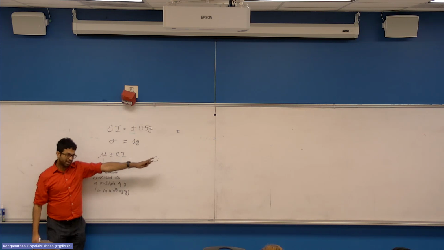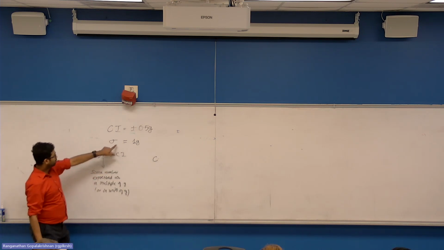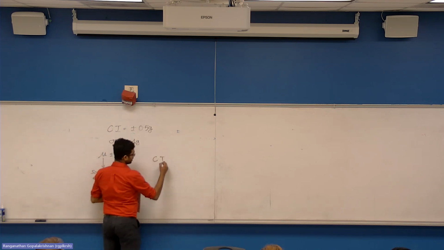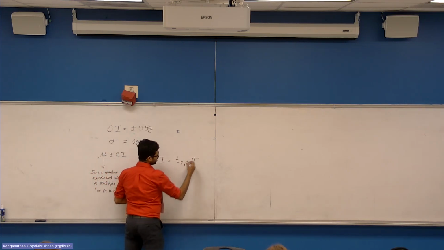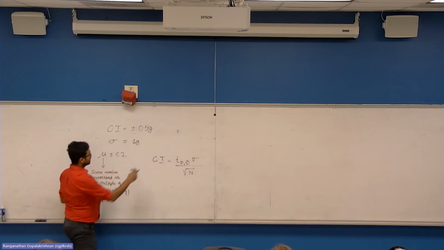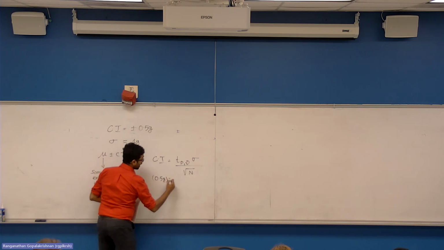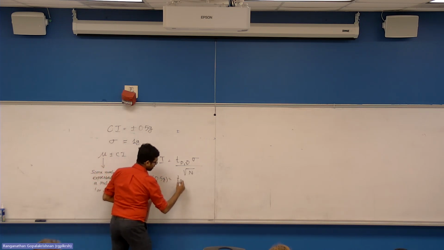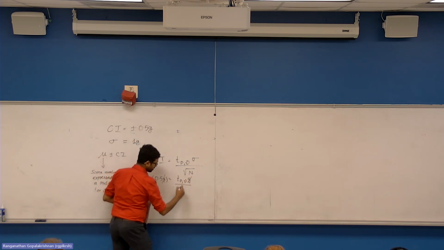You don't need to know whether g is 9.8 or 10, because we write CI is equal to t statistic multiplied by sigma divided by square root of n. CI is given as 0.5 times g, and sigma is given as 1 times g or just g. So whatever the g value is, it's not going to matter.